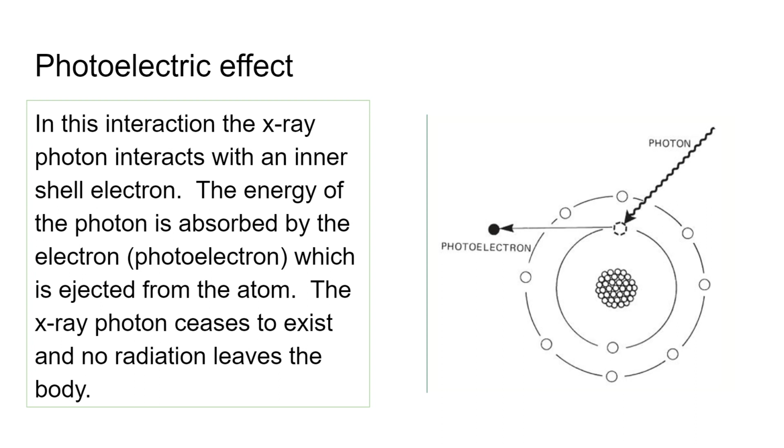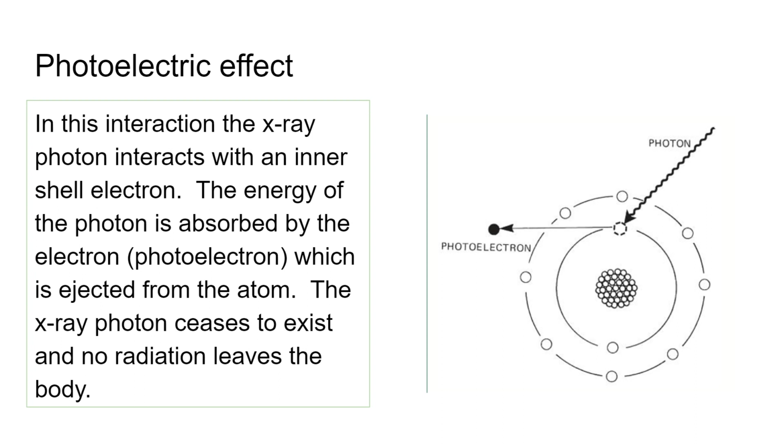X-ray photon coming out of the tube in the primary beam hits you, gets into one of your atoms, which can be carbon, oxygen, phosphorus, whatever the stuff you have in you, and knocks out an electron. Bang. Electron flies off.